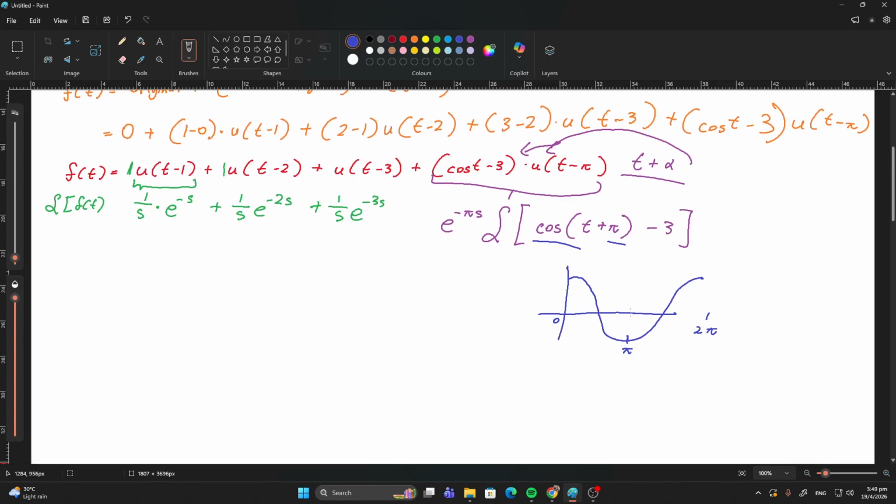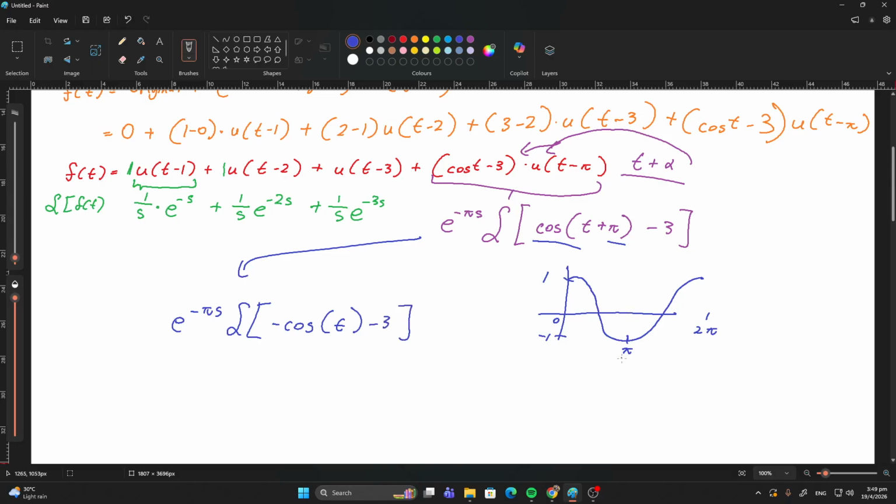As you can see, if I were to add pi, it goes from 1 to minus 1. So basically it shifts it completely, which changes the peak from a positive peak to a negative peak, or from a negative peak to a positive peak. In this case, because it is positive, I have to change this to a negative peak. So we have negative cosine of t minus 3.